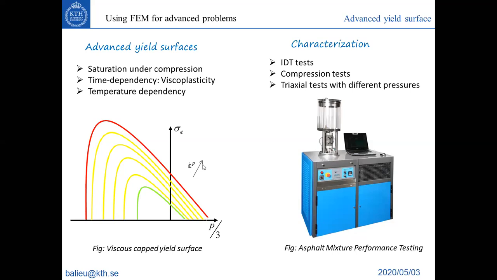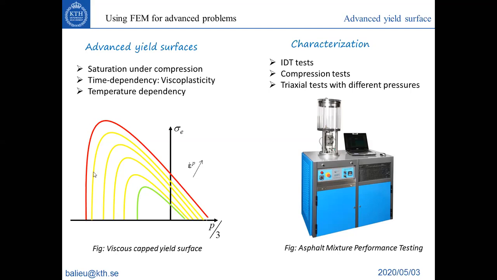What I mean is, if you want to use this kind of very advanced and complex yield surface, you also need to have the experiments in accordance. So you always have to compromise between what you can do and what you can perform in terms of experiments when you want to simulate.